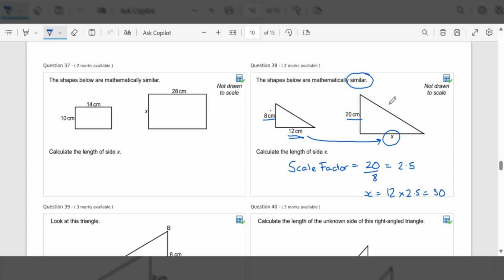I'm going to add another bit in here. Say this up here was 45, I don't know, and I'll put y there. Then to get y, we'd have to take the 45 and divide by the scale factor, which is, I think, 18.